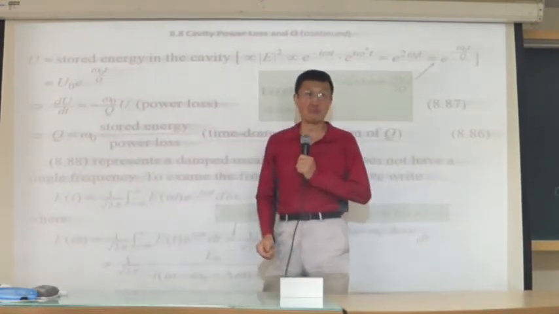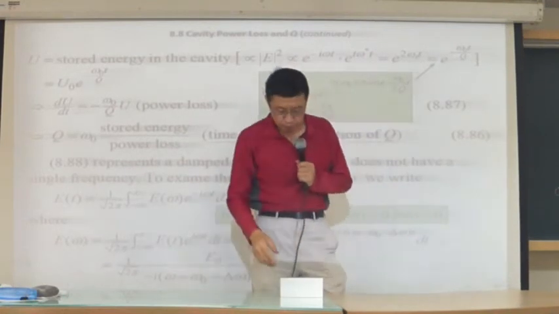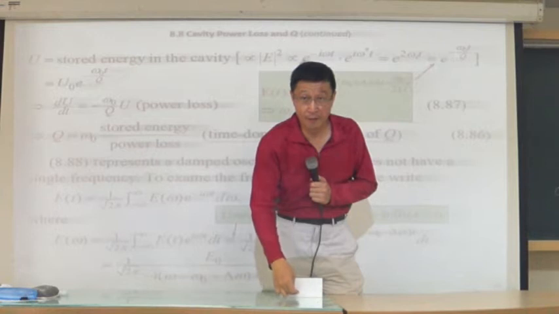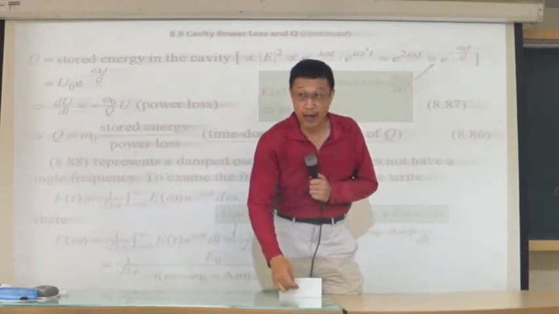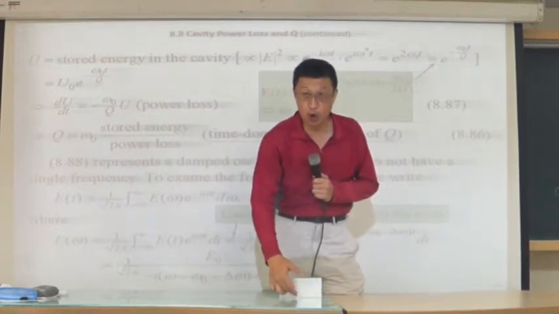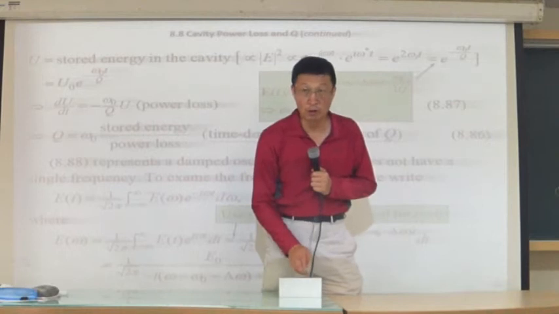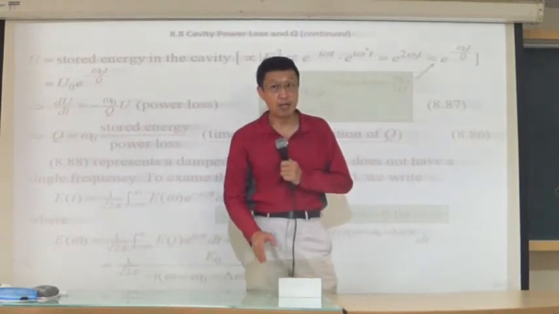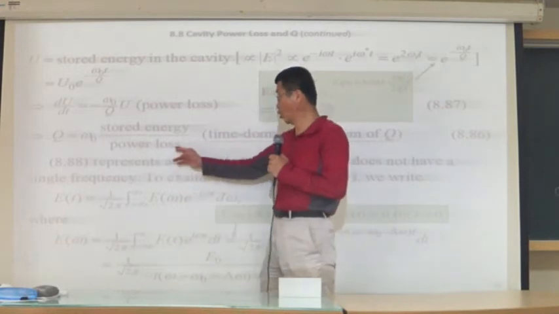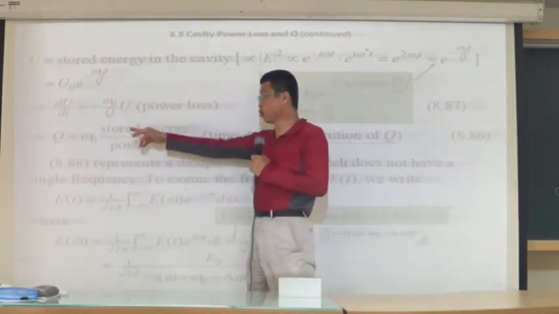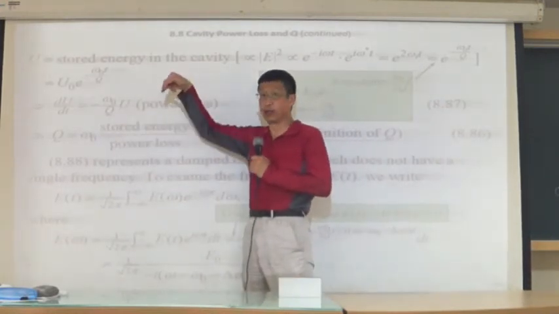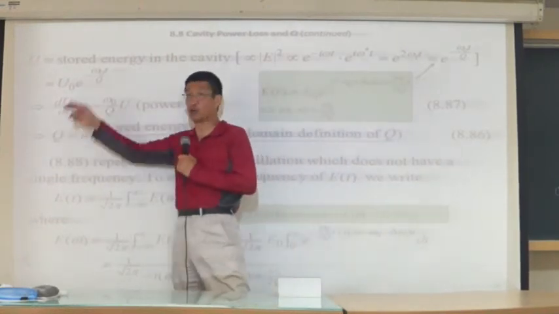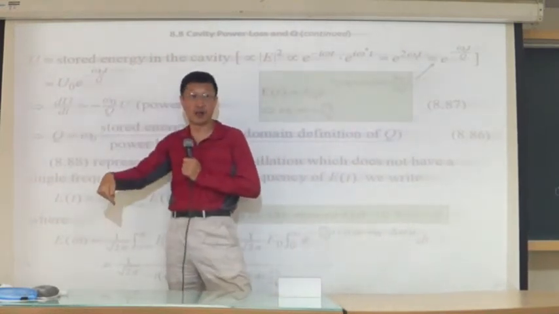Okay. So you can imagine if I open a small hole here and then a small hole here, the energy will be lost through these holes. In that case, power loss will increase, so the quality factor will decrease.